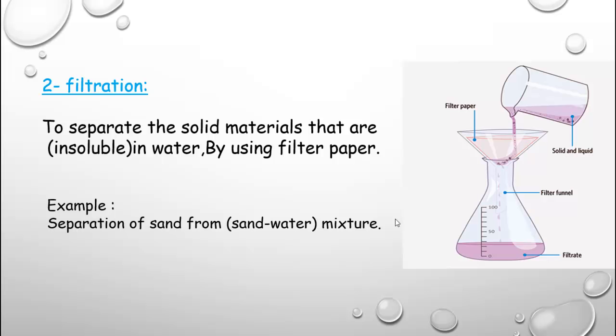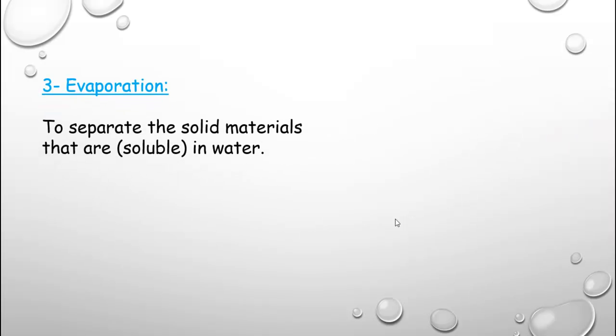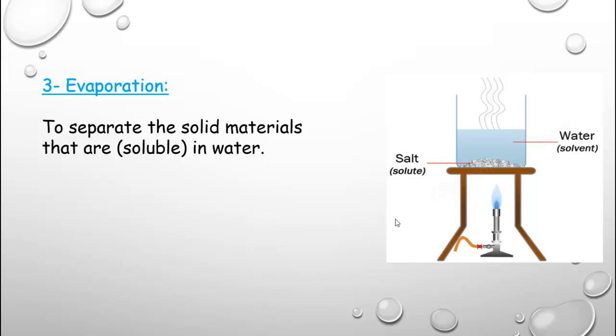What can I do? How can I separate the salt or sugar from the water? I will tell you. By evaporation. I use this method to separate solid materials that are soluble in water, like water plus salt.